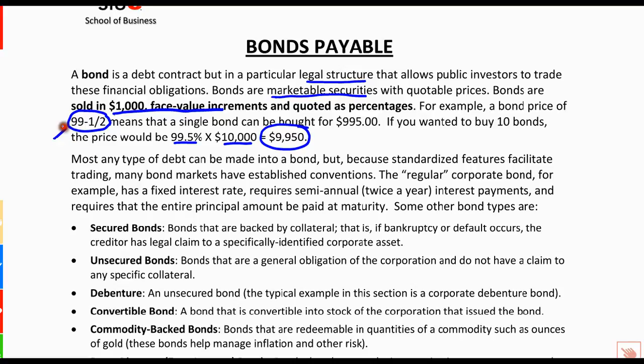You need to know this bond quotation system because it will be used in some problems, and frankly, it's going to speed it up for you. Another real quick example, if 101 was your quote, 1.01 times 10,000 equals 10,100, which would be the price. Okay.